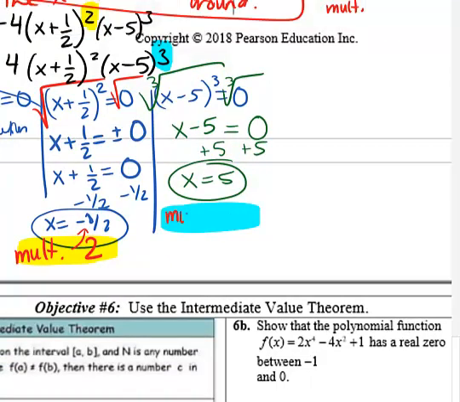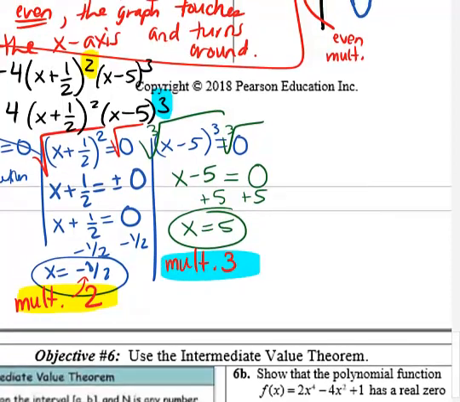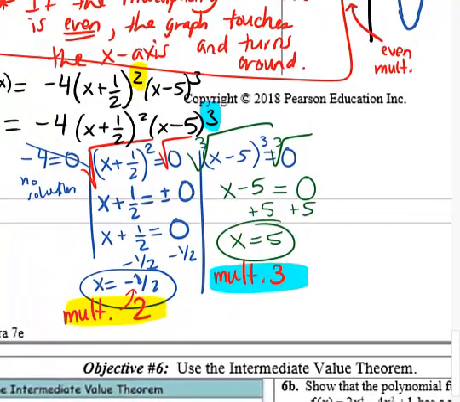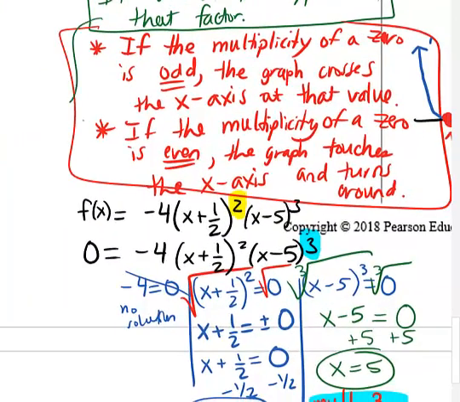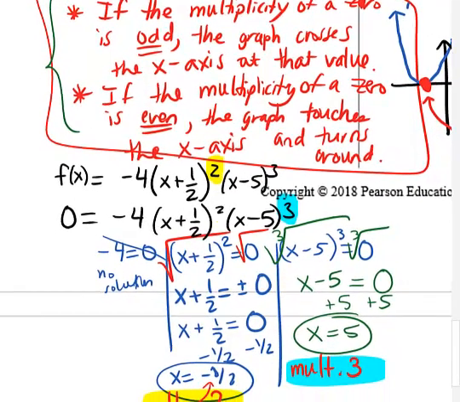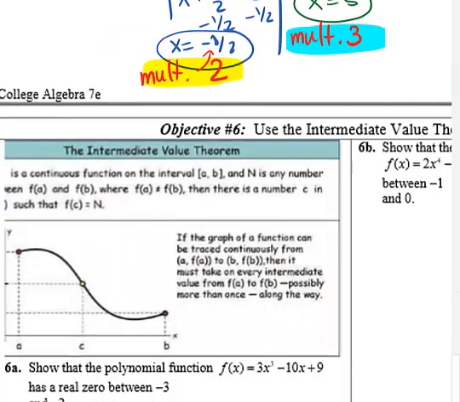Okay, so we now know how to find the multiplicity. Wherever that 0 came from in the factored form, what was the exponent on that factor? And then the other part: if the multiplicity of a 0 or x-intercept is odd, the graph crosses the x-axis at that value, but if the multiplicity is even, the graph touches. So one of these is odd, one is even.